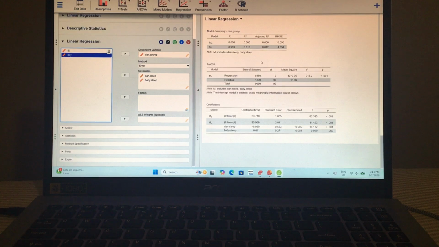And then the slope with Danny's sleep is negative 8.950. And then the slope associated with the baby sleep is 0.011. You put that all together, 125.966 plus the negative 8.950 plus the positive 0.011, all right, and you plug it all in.